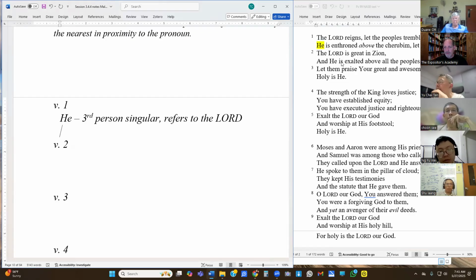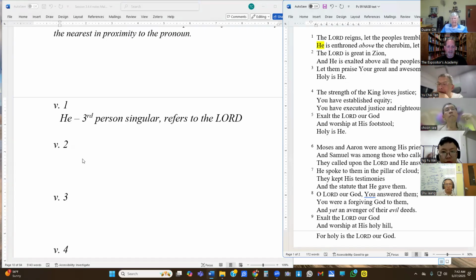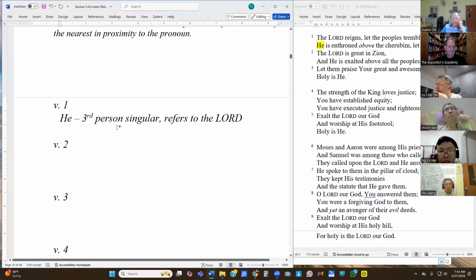In fact, I will just do the first 3 verses because there's only, well, sorry, that's not true. There are a couple others. So I'm going to let Fu Wei, since you read this, go ahead and look at verse 2 and 3 and see if you can identify the pronouns and then who they refer to.